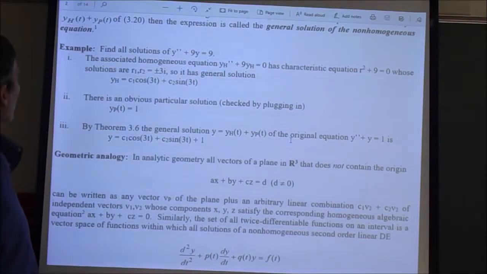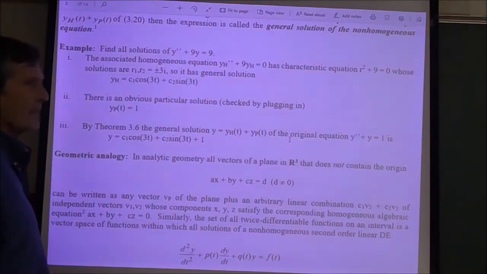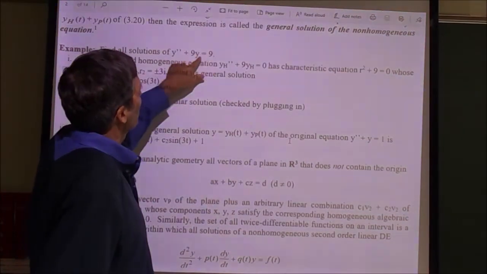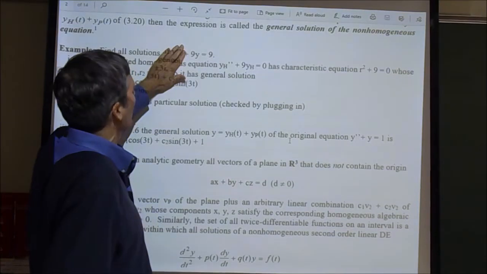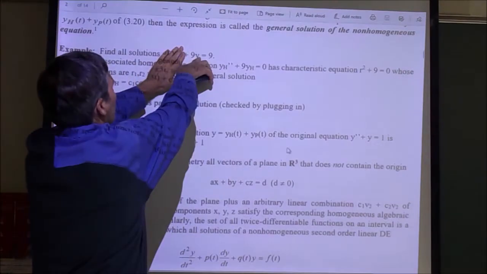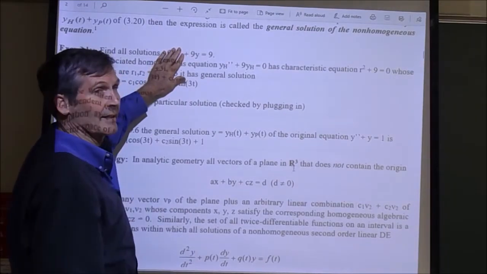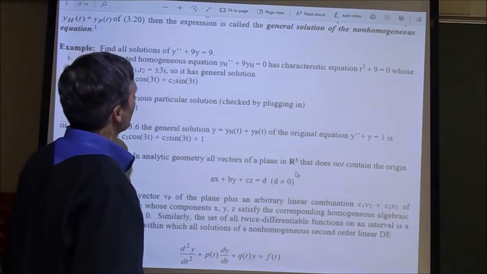Well, what can I do? Maybe I can guess one. It's kind of obvious. If I want to get a number on the right, maybe I could plug in a number for y on the left, and the second derivative would be 0 if y is a constant. I need to put in y = 1, so 9 times 1 equals 9. So one solution I can guess is y equals the constant 1. That satisfies this differential equation.